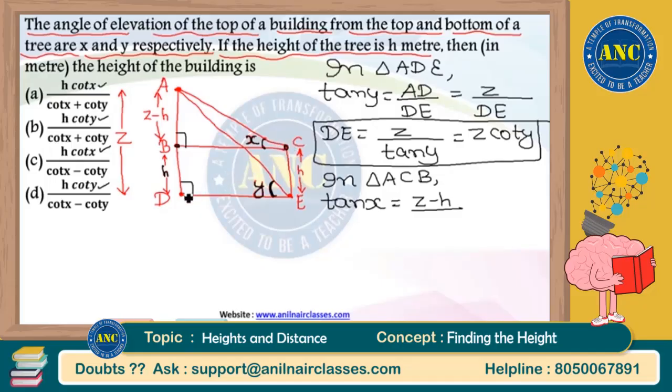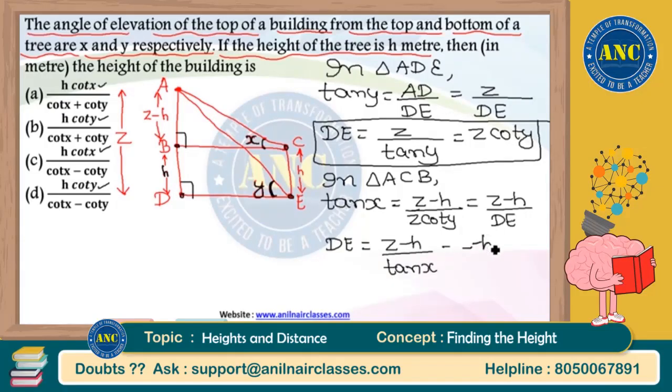The BC value happens to be exactly equal to the DE value, and the DE value we know right now as Z cot Y. Or, if you want, keep it as DE itself. So this is my second equation: DE is equal to Z minus H divided by tan X, or don't keep it in terms of tan, express it in terms of cot. It is cot X into Z minus H.